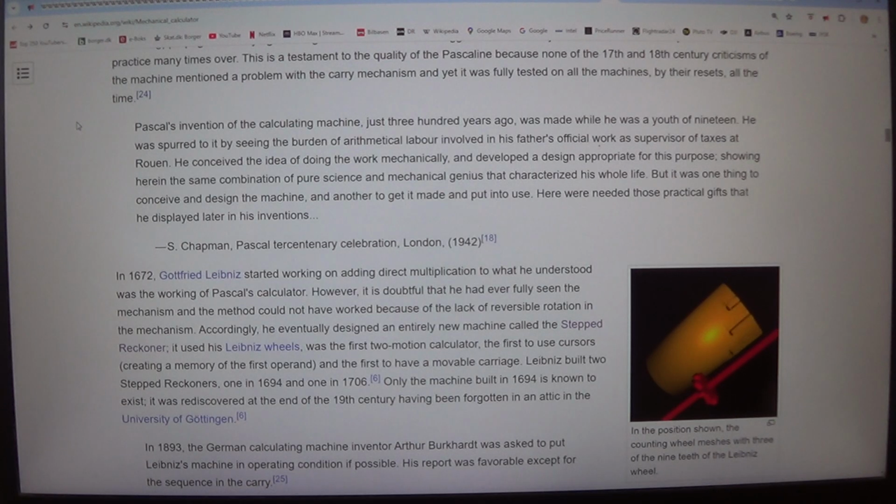Pascal's invention of the calculating machine, just 300 years ago, was made while he was a youth of 19. He was spurred to it by seeing the burden of arithmetical labor involved in his father's official work as supervisor of taxes at Rouen. He conceived the idea of doing the work mechanically, and developed a design appropriate for this purpose, showing herein the same combination of pure science and mechanical genius that characterized his whole life.